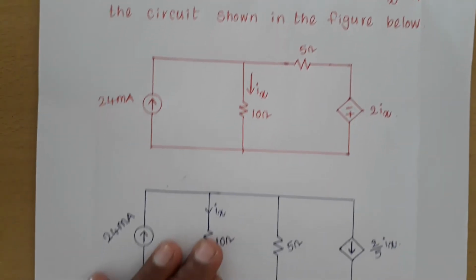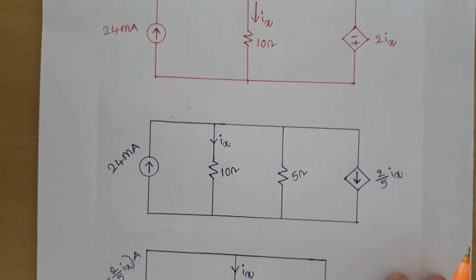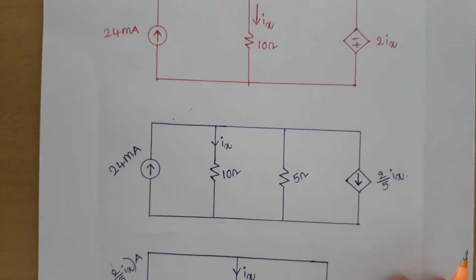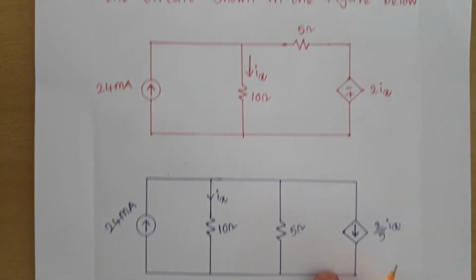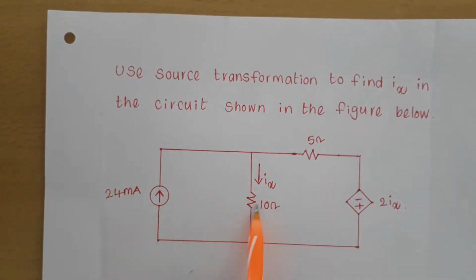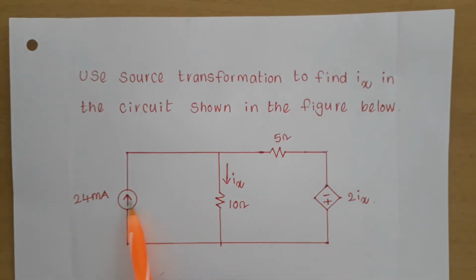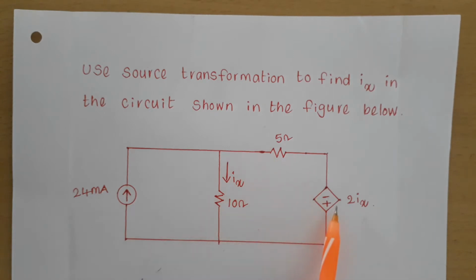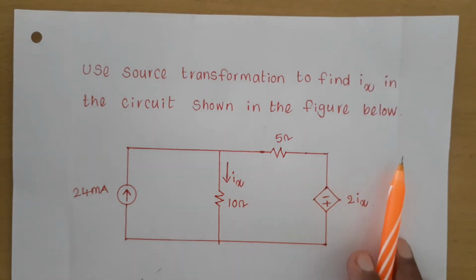So with the source transformation technique, we can transform a practical current source to a practical voltage source, and a practical voltage source to a practical current source. A resistor connected in parallel with a current source is a practical current source, and a resistor connected in series with a voltage source is a practical voltage source.